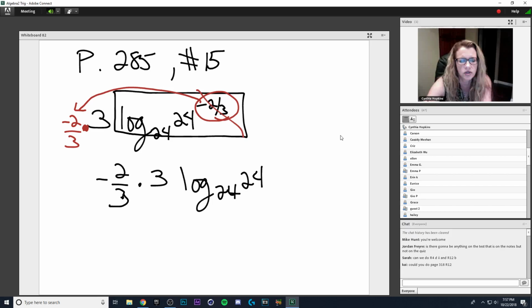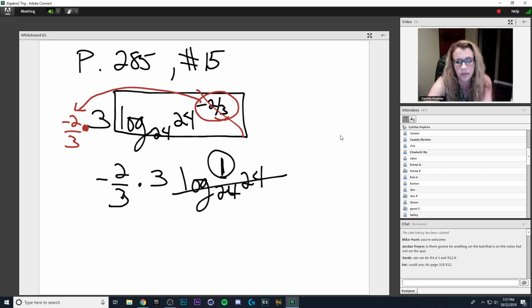Again, I'm not sure what you've talked about in class, but whenever the base of your log is equal to the argument of your log, that whole thing, log base 24 of 24, equals 1. I won't go into the definition or the reason why it is. It just is. Two things about my base and argument: they cannot, either one of them, be negative. They cannot be 0.